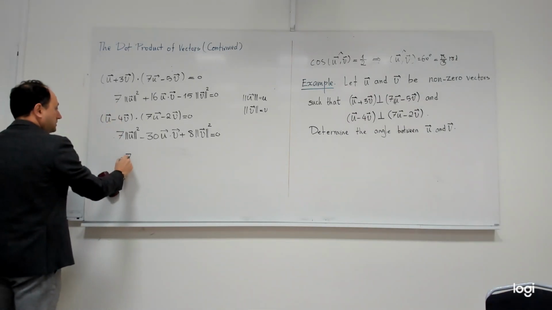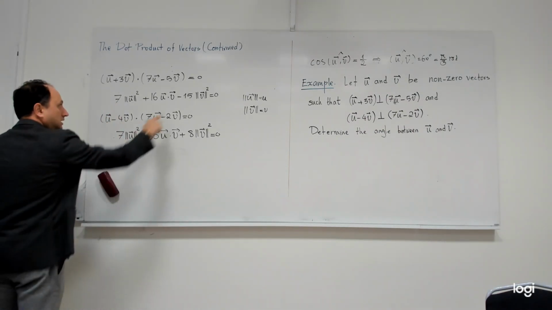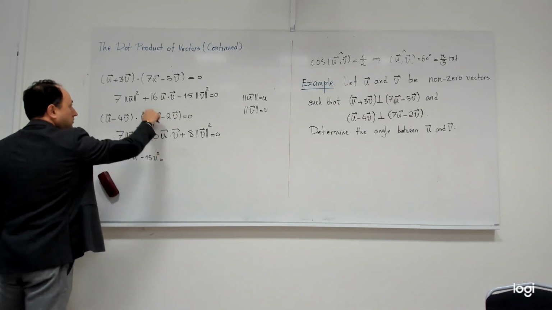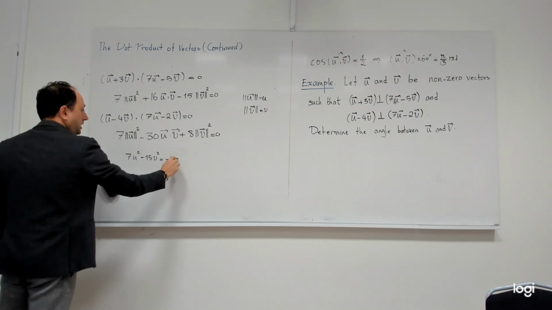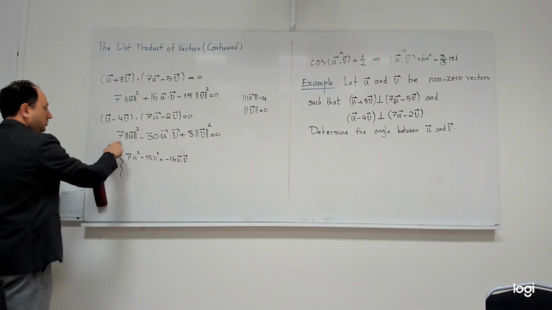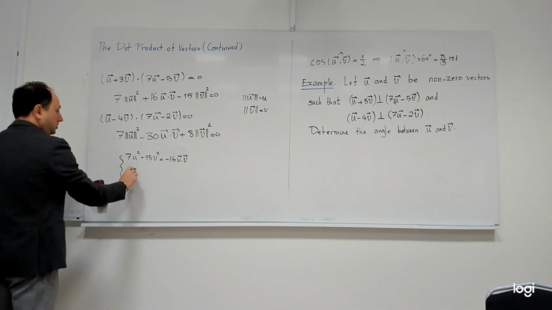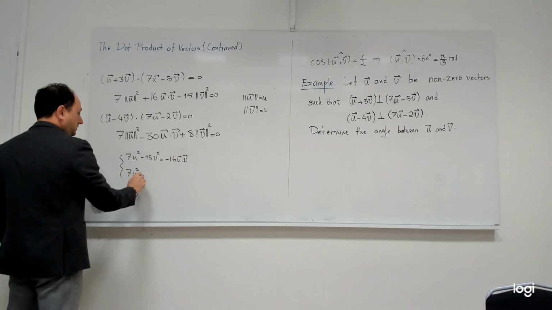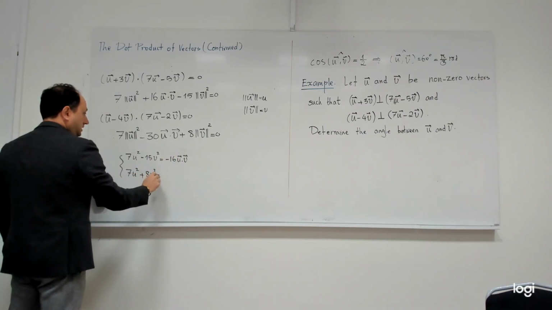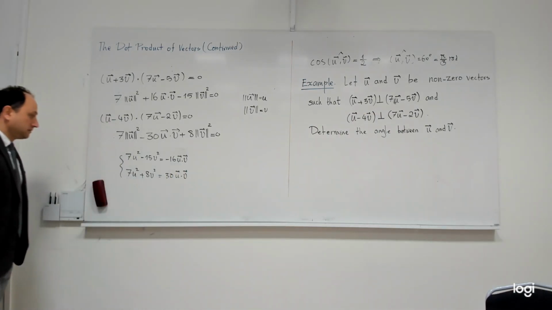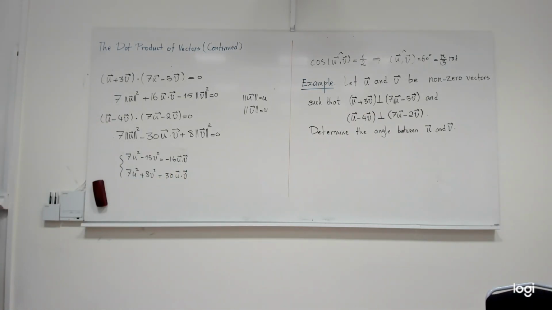Okay, now let me write this. So then it becomes 7u squared minus 15v squared equals, I move this to the right, minus 16 u dot v. And then another equation I have here, 7u squared plus 8v squared is equal to 30 u dot v. Yes?